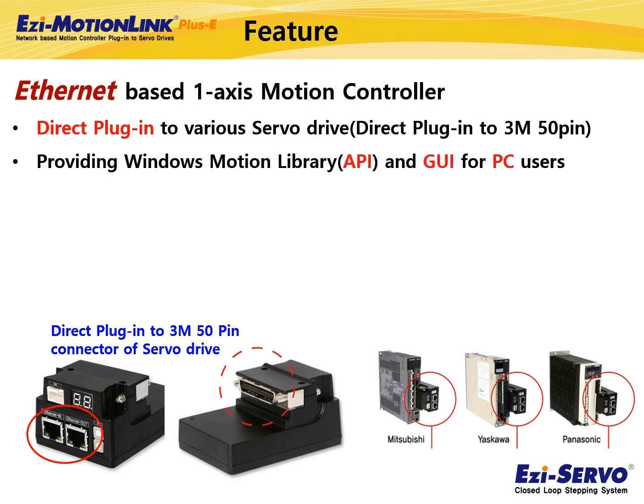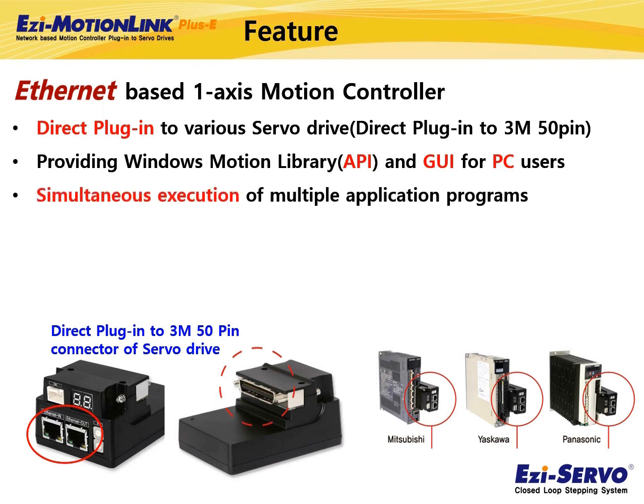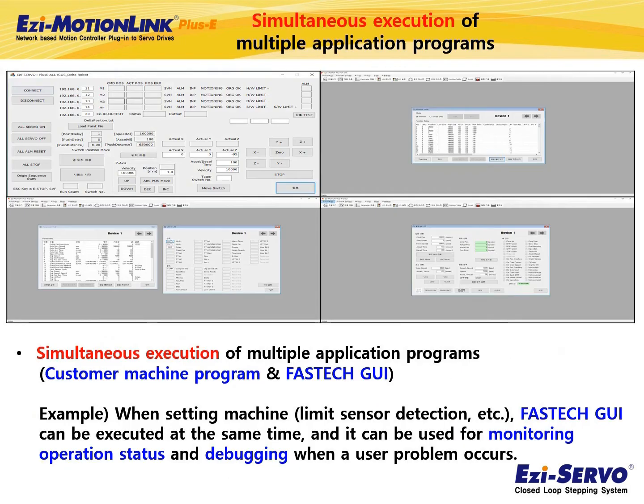As explained first, Windows-based API and GUI are provided for PC users. Multiple applications can be run at the same time. Through this, it is possible to monitor parameter values, I/O status, position values, speed values, etc. through our GUI program, even when the machine program used by the customer is running.